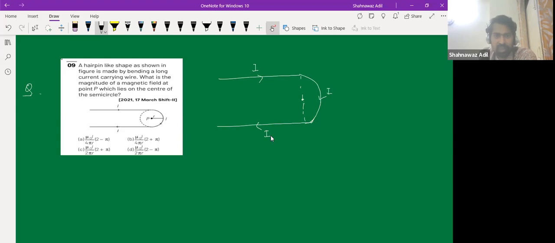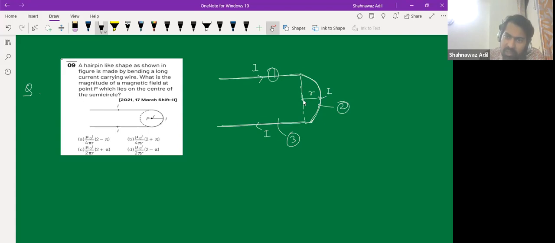Three, right? One is this semi-infinite wire. Then we have this semicircle, which is two, and then we have this one, which is three. So three parts, right? And we are calculating the magnetic field at this point.